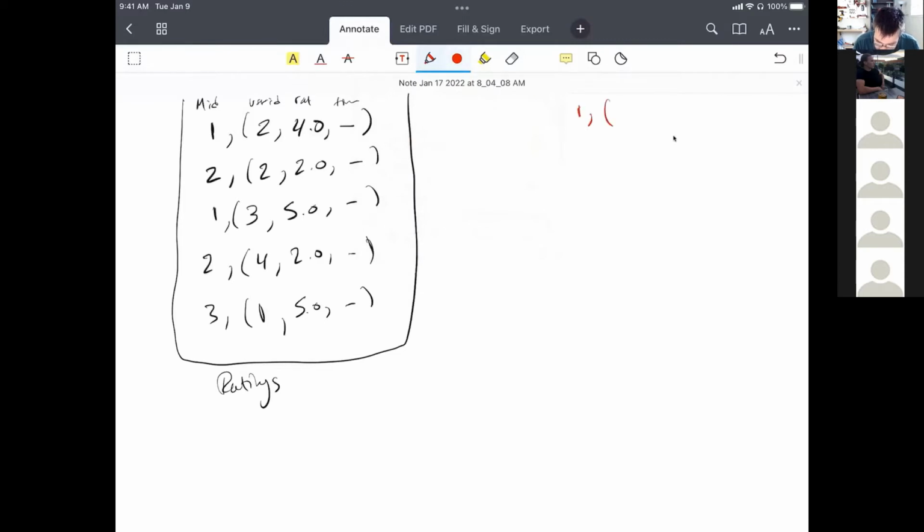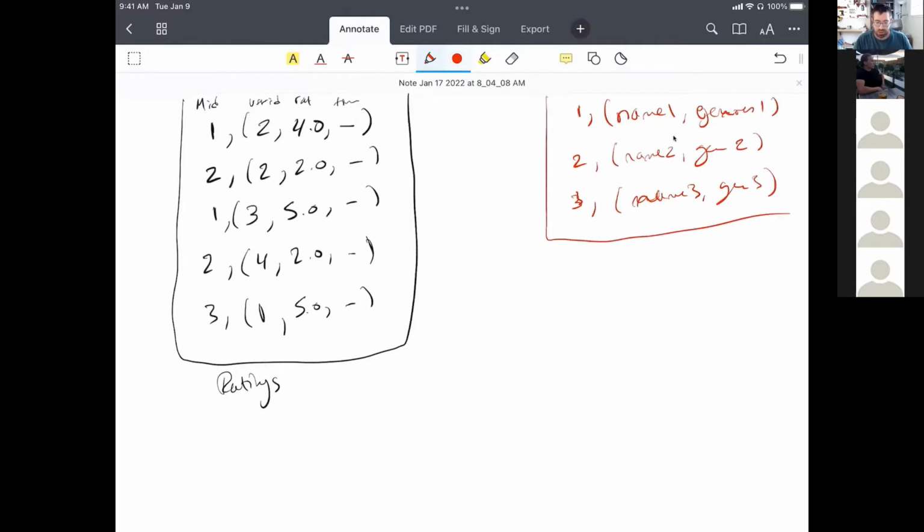So here we have actually the name and genres. For movie 2, and for movie 3, so this is our data, the two RDDs that we want to join.